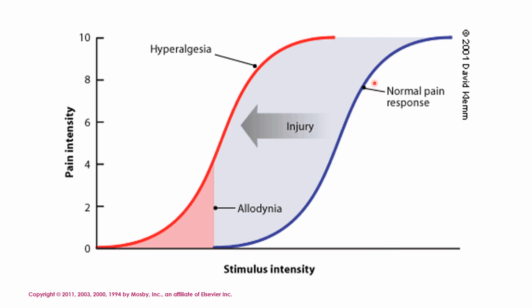However, when we expose the animal to a traumatic injury, it can shift the curve to the left. Now the noxious stimuli become more painful. That is known as hyperalgesia. So the animal develops hyperalgesia when you expose them to a traumatic injury. And typically painless stimuli are experienced as pain.